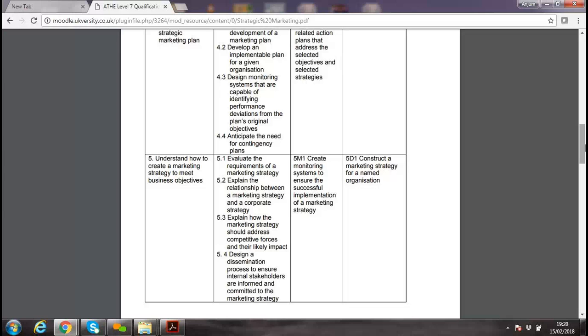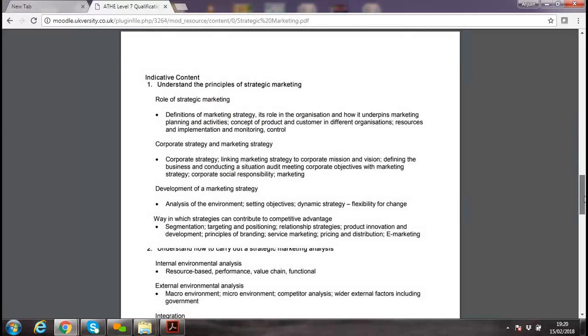Explain the relationship between it and marketing, explain how marketing should address the competitive forces, and design dissemination, the process to ensure the internal stakeholders are informed and committed to the marketing plan or strategies by action plan. So we discussed these.